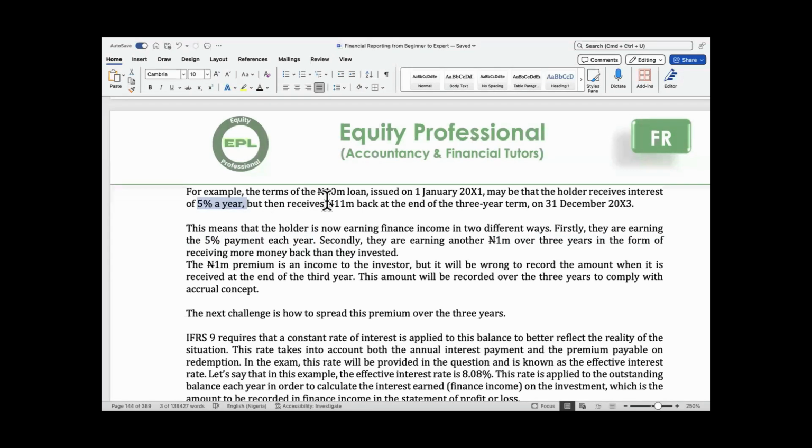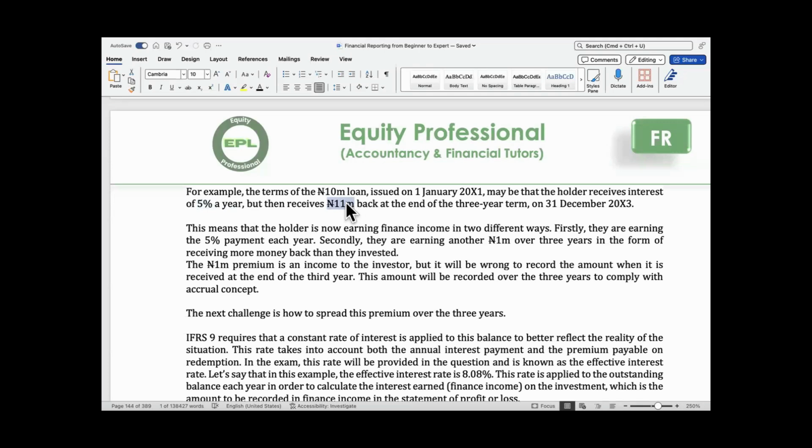But the technicality comes with this 1 million that we are going to collect in the third year. We are saying it's wrong for you to recognize this income in the third year because this income was earned over the 3 years.